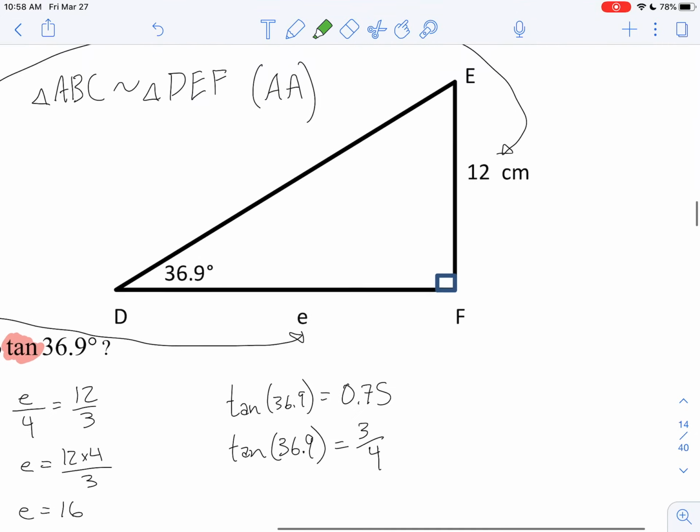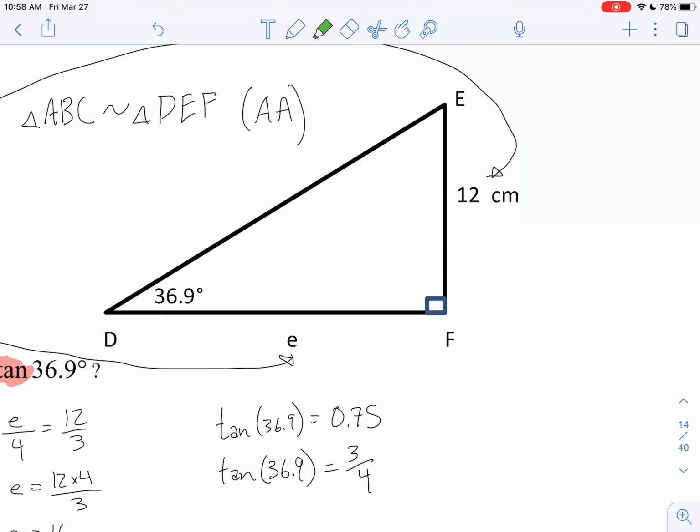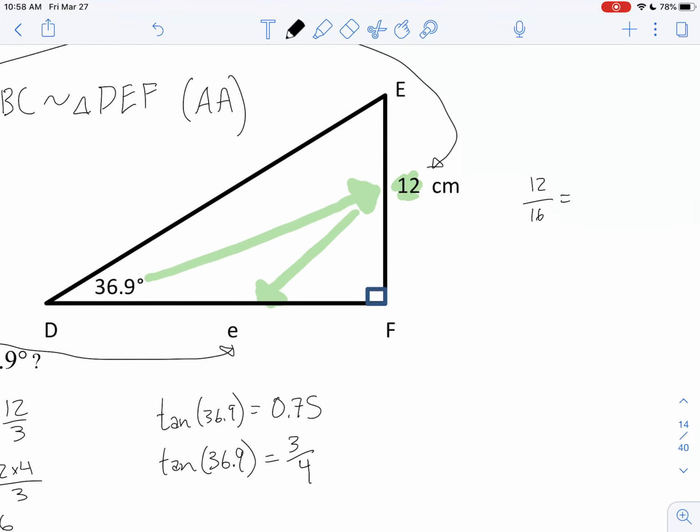So tan of 36.9, so 36.9 hasn't changed, but is this what we call the opposite angle, 12 divided by 16, still equal to 0.75. So it's 12 divided by 16. That must be equal to, 4 goes into both of those, 3 over 4, which is equal to 0.75.